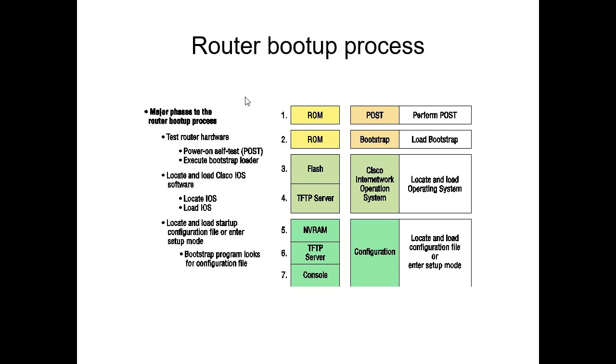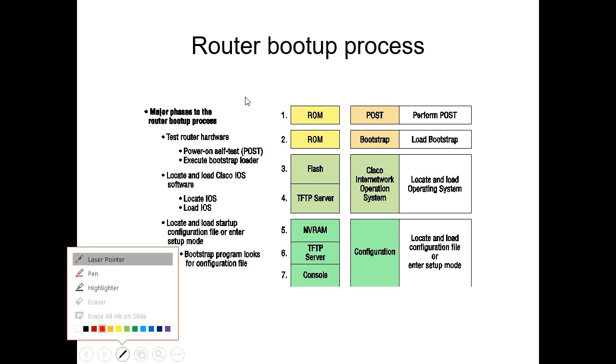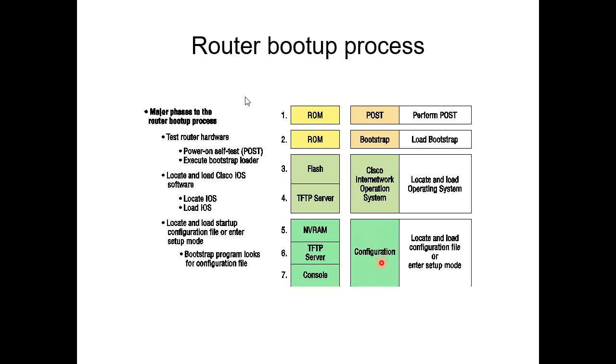So next, you've got your configuration files, as you can see on the, let me turn on my laser pointer. There we go. You've got your configurations over here on the right-hand side, and they are located either in NVRAM, non-volatile RAM, or a TFTP server, and I'm fine loading this from a TFTP server simply because of the small size of these configuration files.